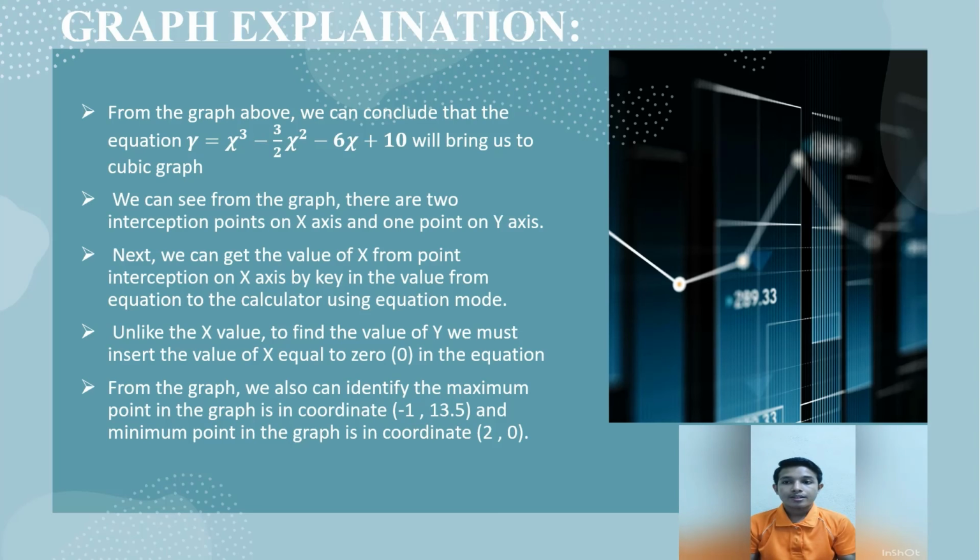Unlike the x values, to find the value of y, we must insert x equal to 0 in the equation. And lastly, from the graph, we can identify the maximum point at coordinate (-1, 13.5) and the minimum point at coordinate (2, 0).